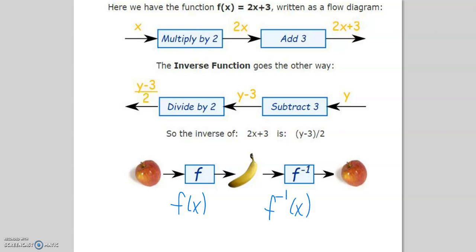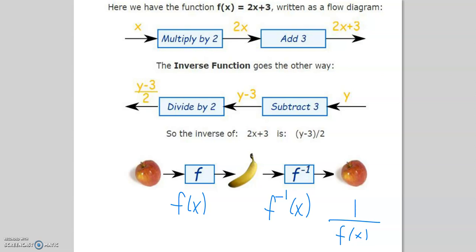Now it's super important that you realize that this is not an exponent. So this isn't like f of x to the negative 1, because that really means 1 over f of x, right? And that is absolutely not what we're doing here, because you can see that this function is not just this function in the denominator. They're not the same.